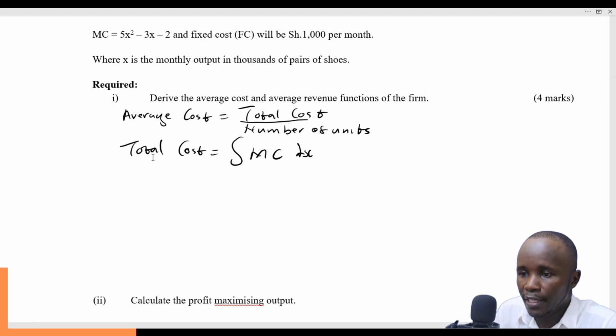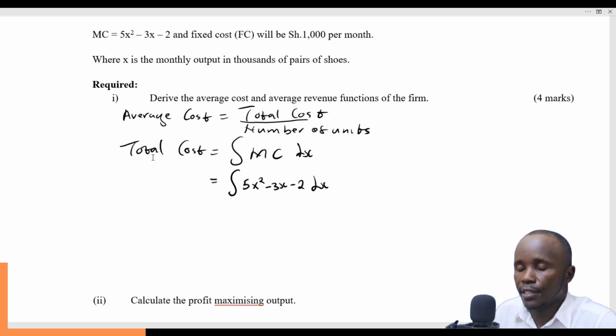This is an indefinite integral, since you have not been given limits. I'm going to integrate 5x squared minus 3x minus 2 with respect to x.